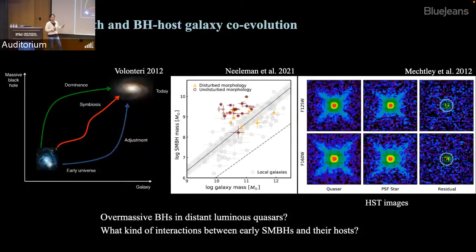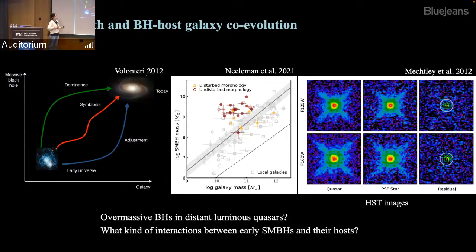And also the black hole host co-evolution. This figure shows the possible evolution paths of the co-evolution of the black holes and the galaxies from the early universe to what we can observe today. We can see these three different possible evolution paths.